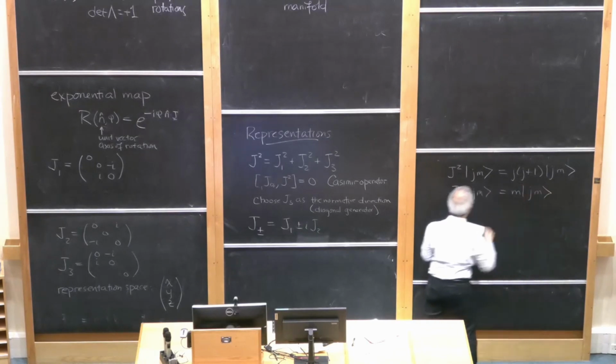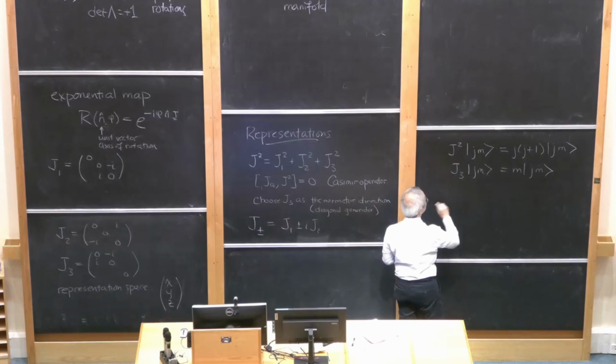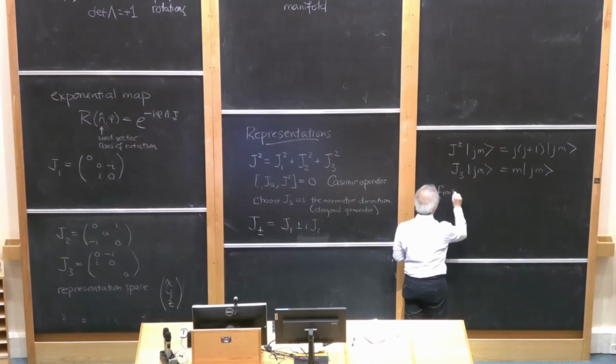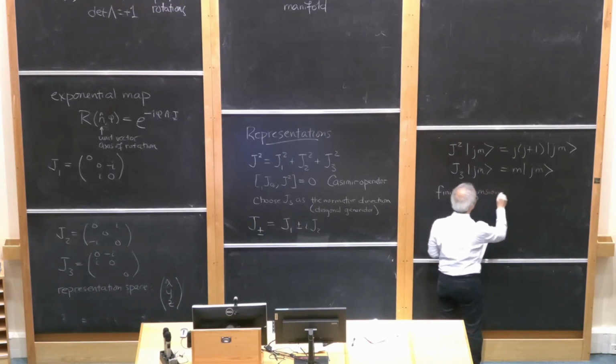As for what the allowed values are, these are what we call the finite dimensional representations.